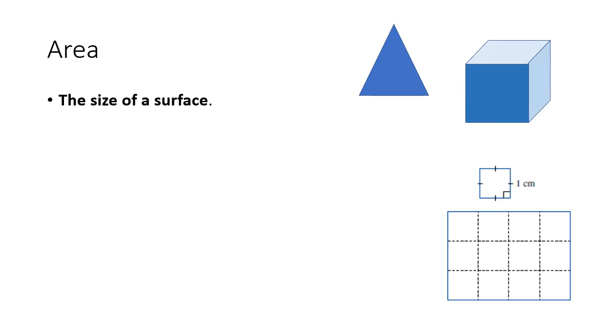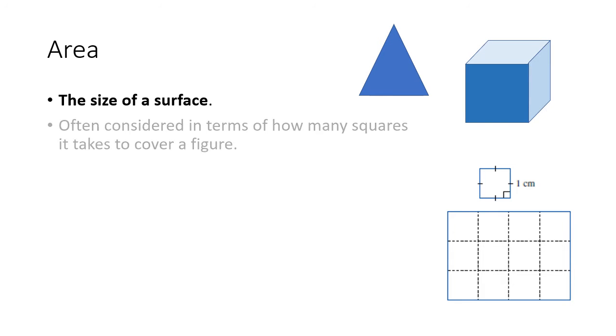So what do we mean by area? Area is the size of a surface. This could be the area enclosed by the sides of a two-dimensional figure like this triangle, so that would be the area shaded in blue. Or it could be the exterior surface of a 3D shape like the cube.